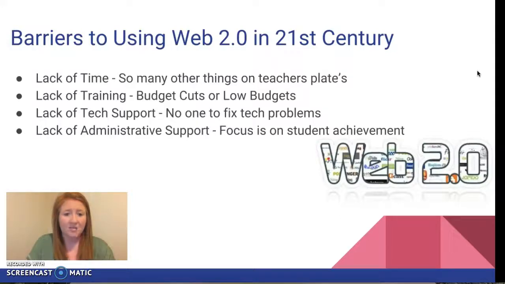And lack of tech support also goes along with those budget cuts. There's not anybody getting paid for tech problems, so there's nobody there to support them. And lack of administration support is just that right now they're very focused on student achievement, so again, technology is low on their totem pole.